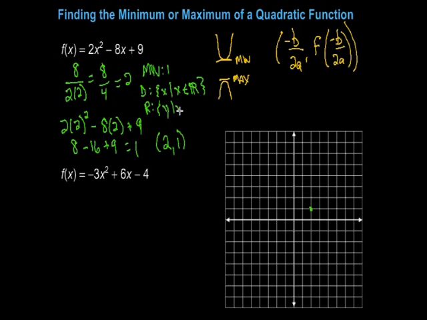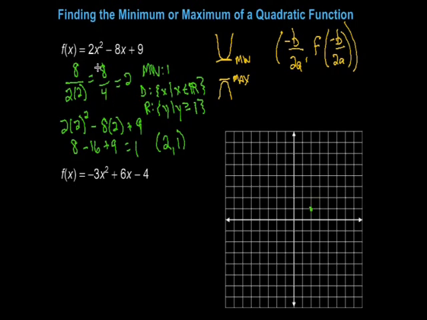In this case, it's a minimum, so my y coming out there, or to be more proper, I should really put f of x, is greater than or equal to 1, which was my minimum. So we know that everything that comes out of this quadratic function, because it opens upward, is going to be at least 1.